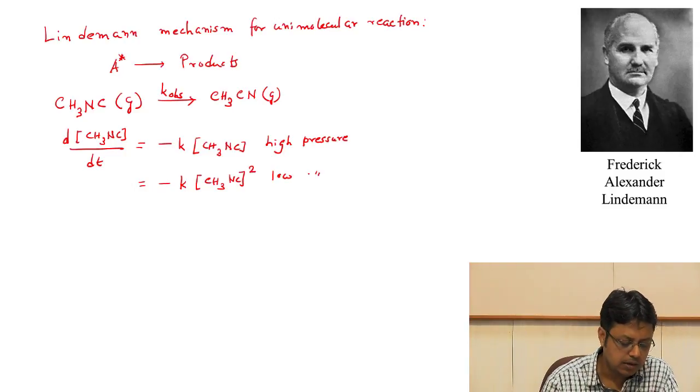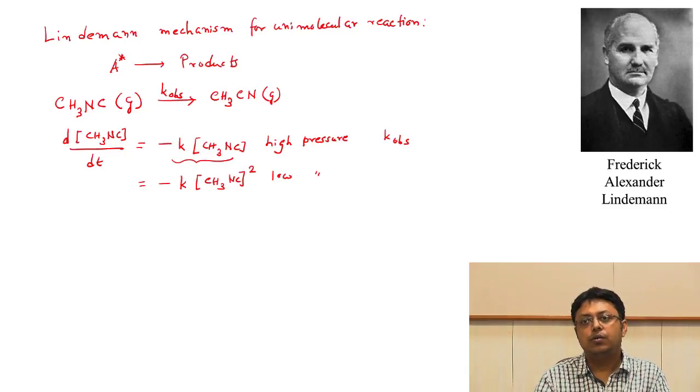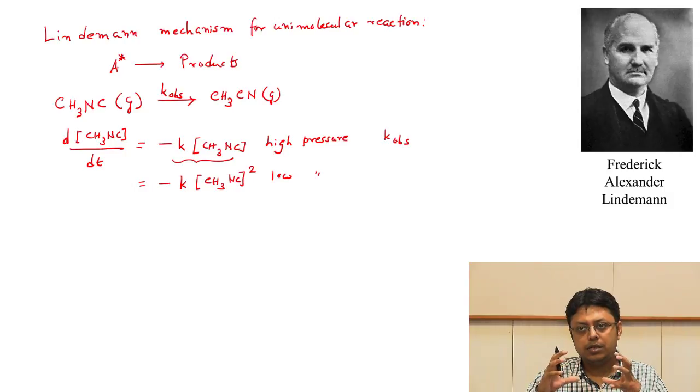So usually we write this term, which is minus K into CH3NC, as K observed, in the sense that we take that rate and plot it versus the concentration or the pressure of the gas, but we do not plot the actual rate constant.